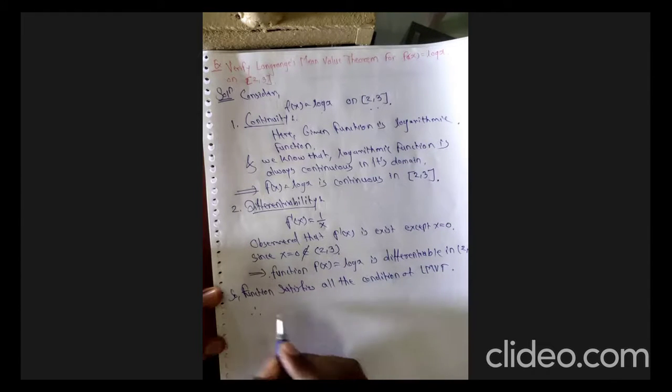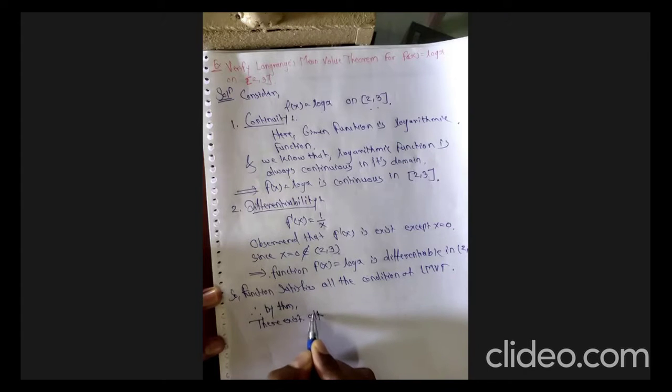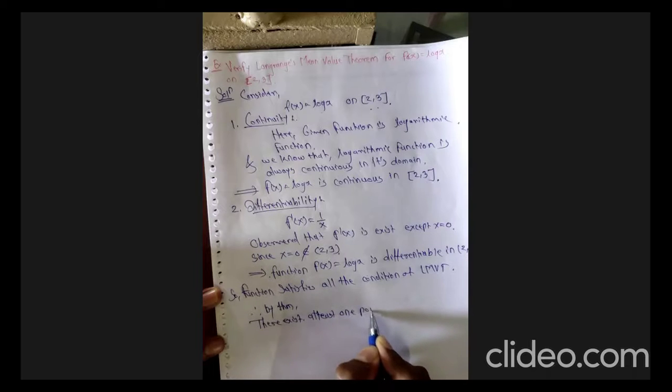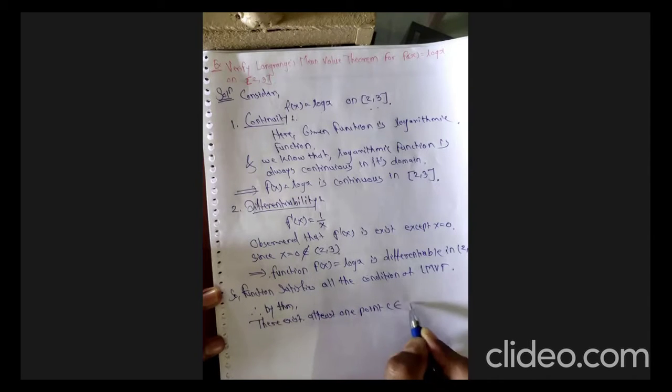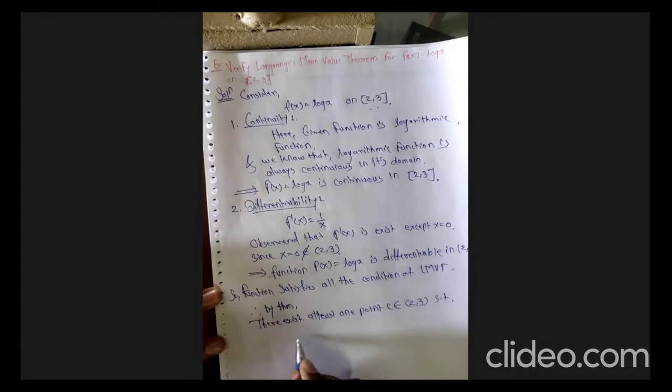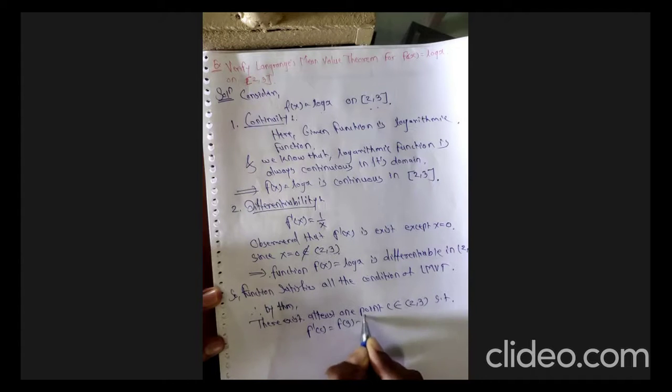Therefore, by the theorem, there exists at least one point C which belongs to the open interval (2, 3) such that f'(C) is equal to (f(3) minus f(2)) divided by (3 minus 2).